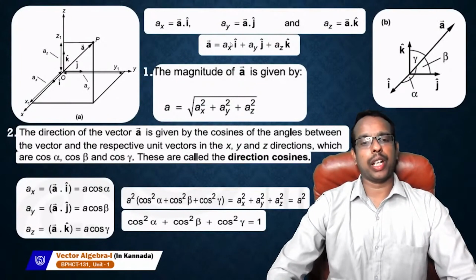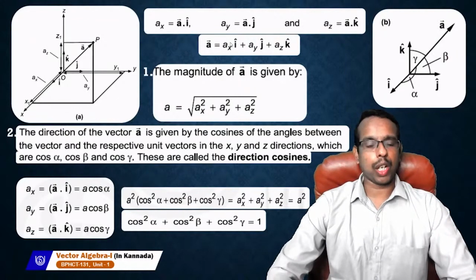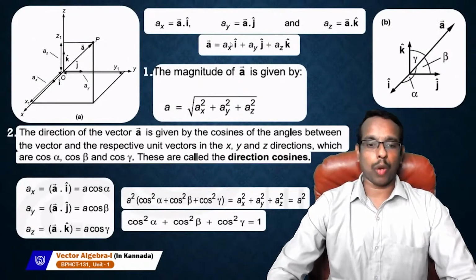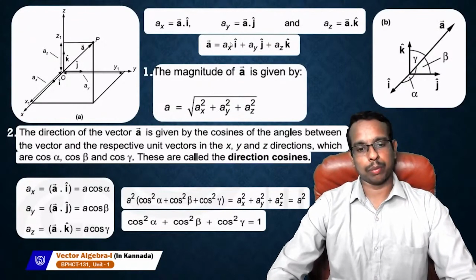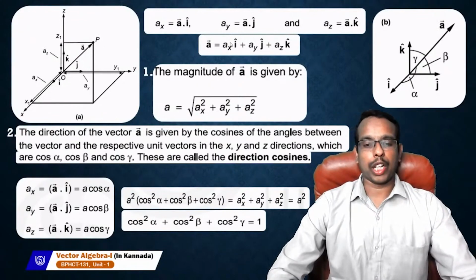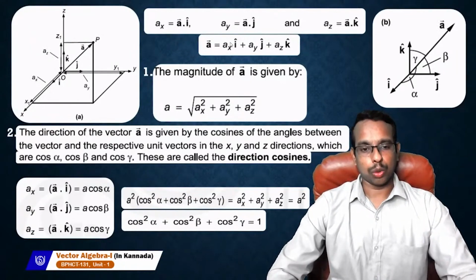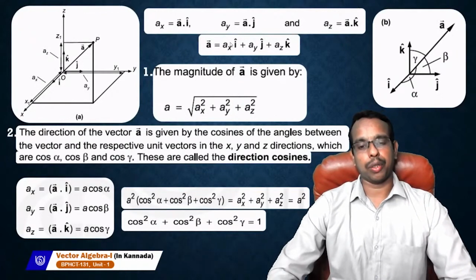We already know a is equal to square root of ax square plus ay square plus az square. Substitute ax, ay, and az, and you get a common factor. We'll take a outside: a times cos square alpha plus cos square beta plus cos square gamma, and that is nothing but the direction cosines.